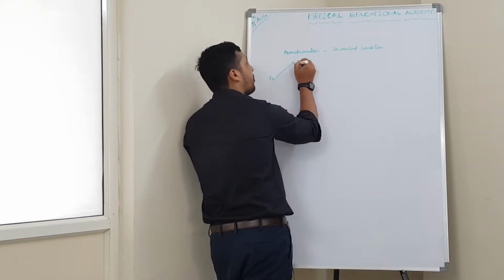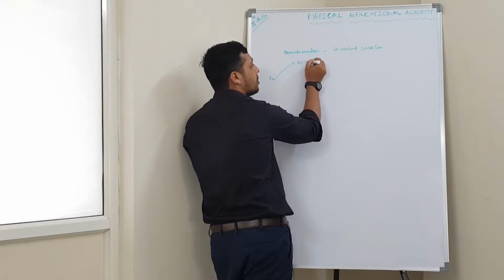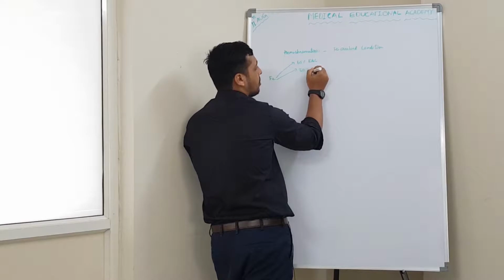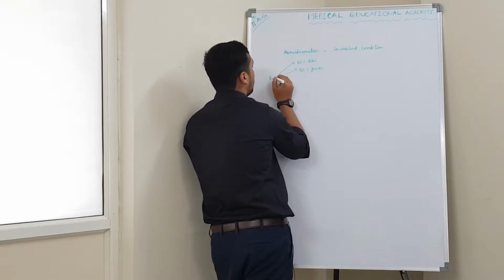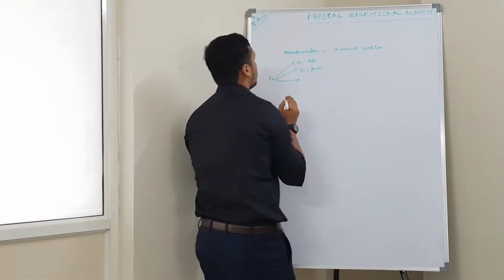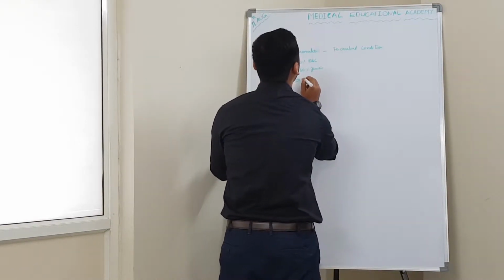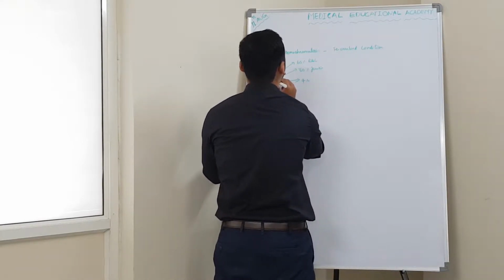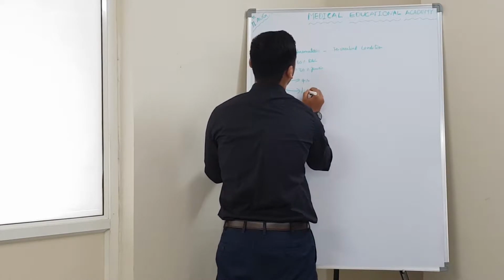So 65% would be in RBC, right? 30% would be in ferritin, right? And then 4%, then we have 1% of that.